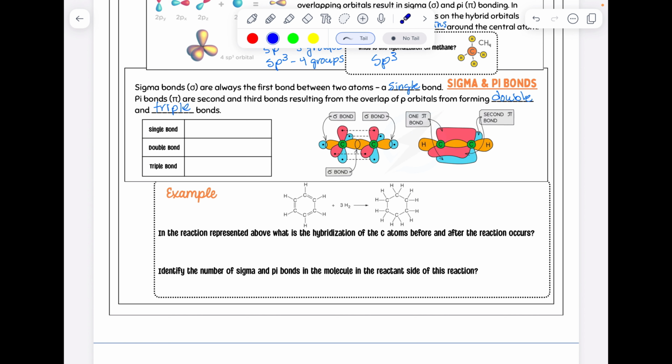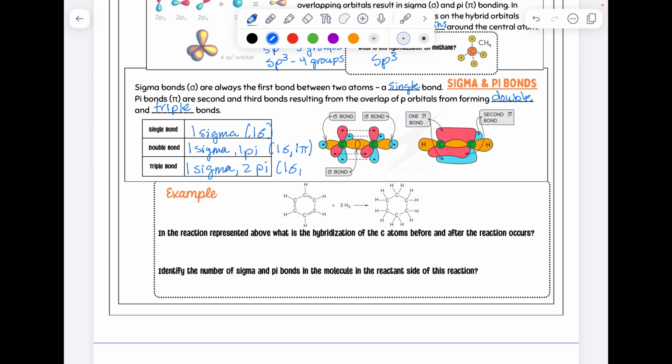And then when these are your p orbitals, when they overlap, they form these big pi bonds, okay? So if I have a single bond, I have one sigma bond. If I have a double bond, I have one sigma and one pi bond. And sometimes we just say one sigma, one pi. And if I have a triple bond, I have one sigma bond and I have two pi bonds.